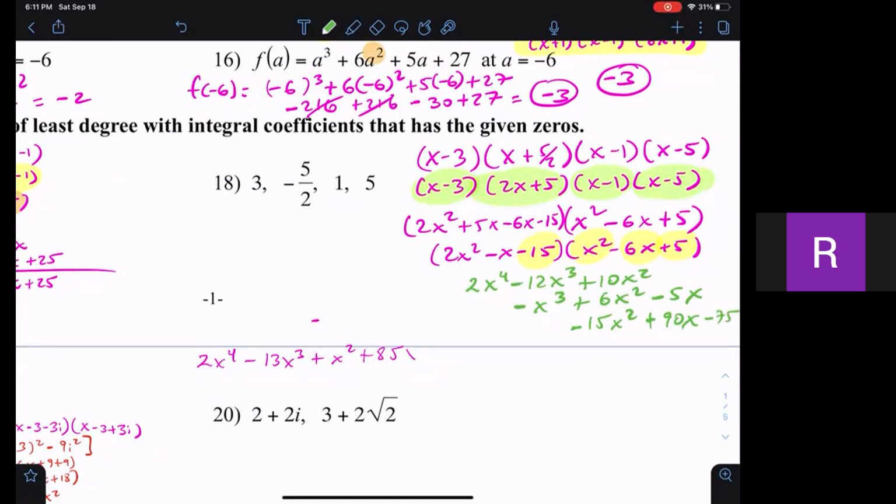So now we need to add them, and now we get the answer. So 2x to the 4 minus 13x cubed, this is going to be x squared plus 85x minus 75. That should be the answer.